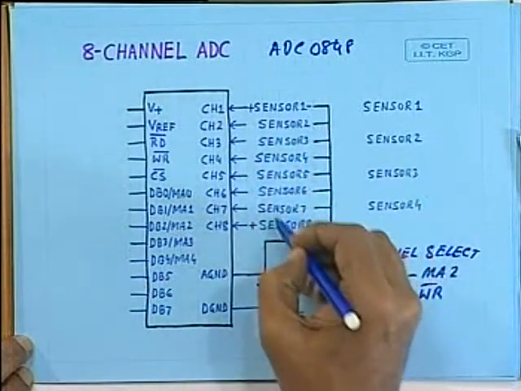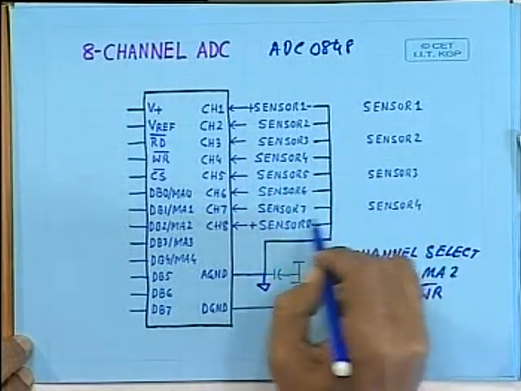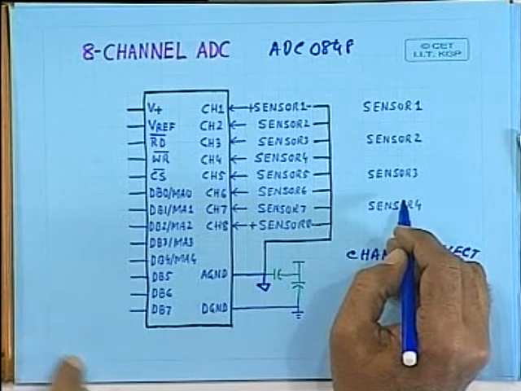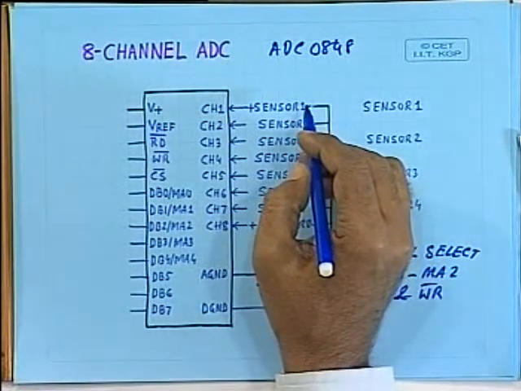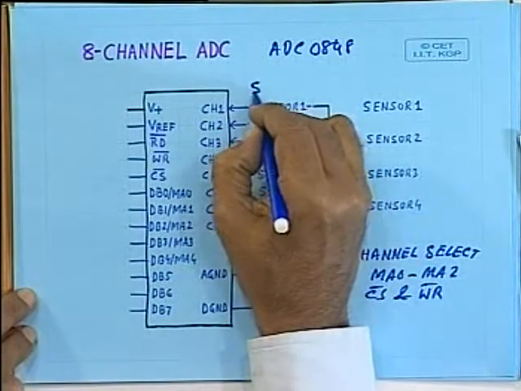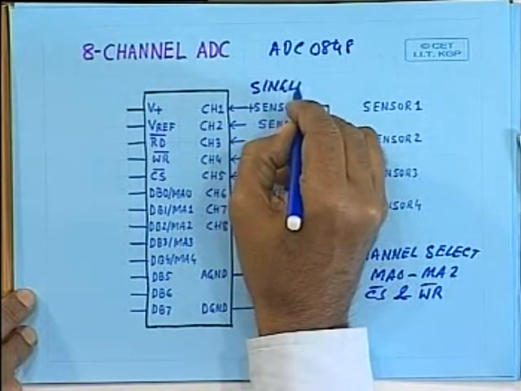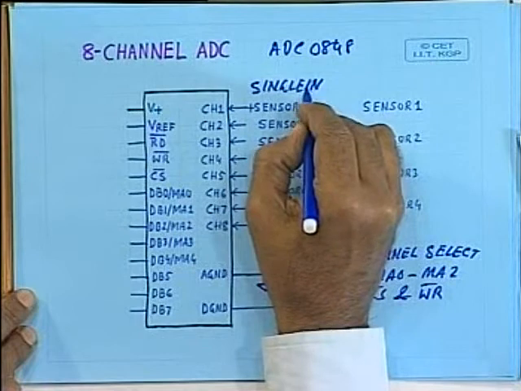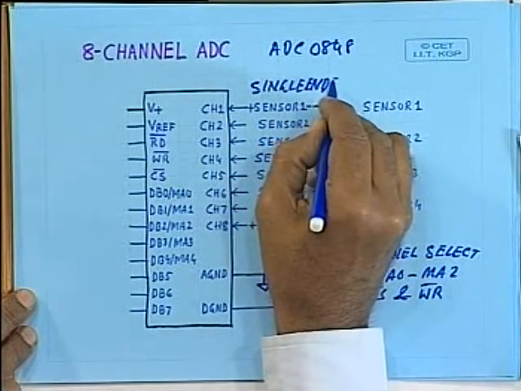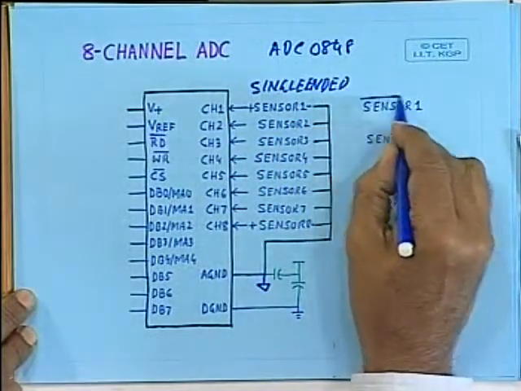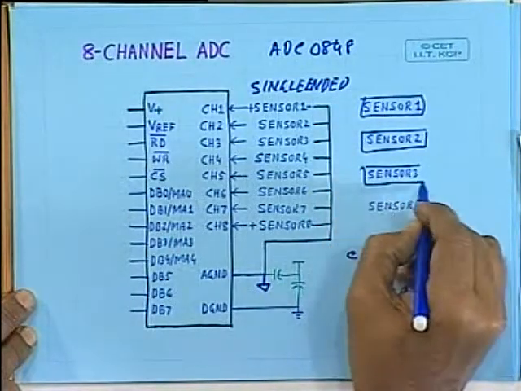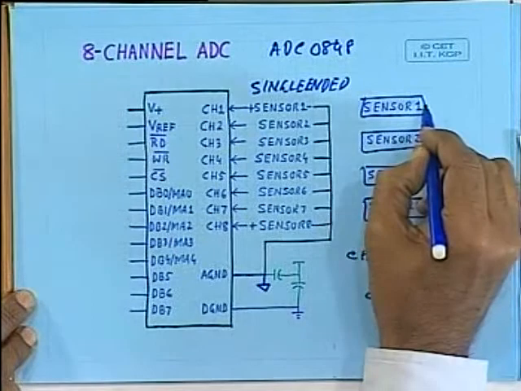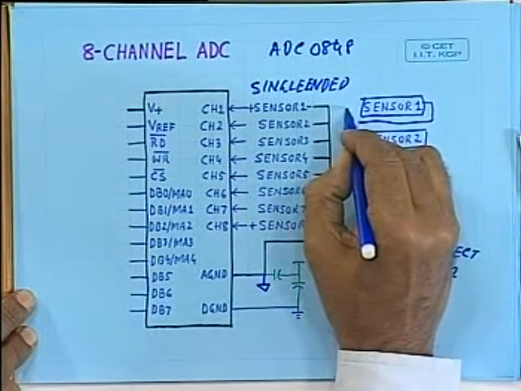the sensors that you have connected can be configured in 3 different ways. For example, they can be in 3 different modes. It can be single ended, or you can have only 4 sensors. So, in that case, the other one can be connected in this way.